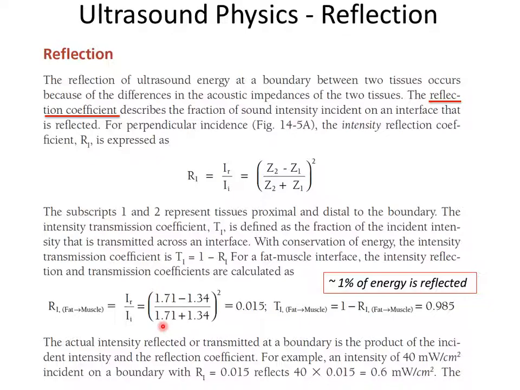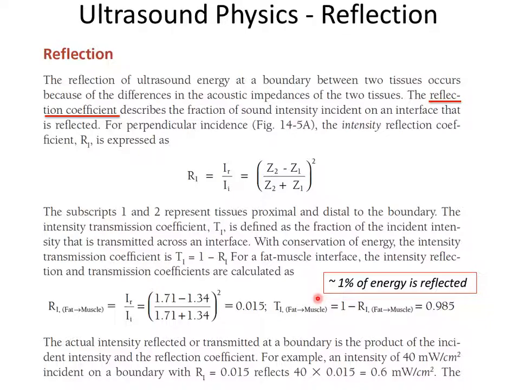The intensity of the reflected energy over the incident energy is 0.015. So that's pretty small, right? It tells you that about 1% of the intensity comes back towards you off that boundary.